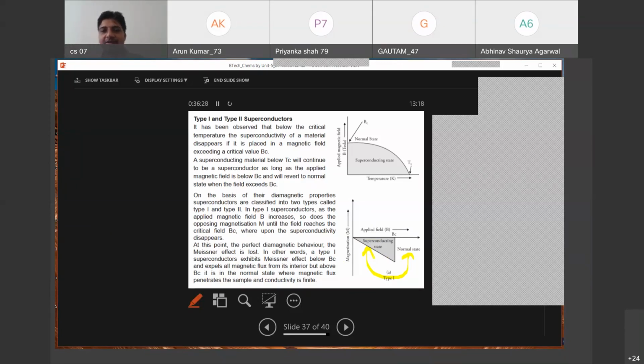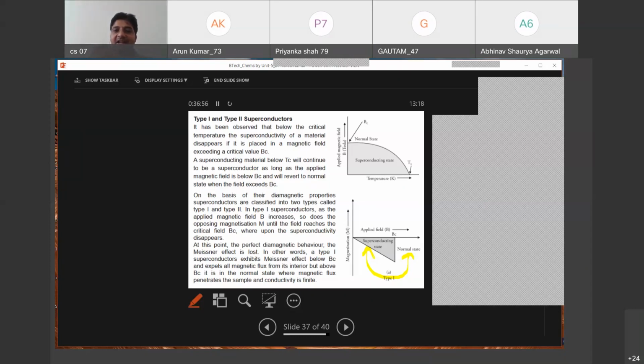This means that in type 2 superconductors an intermediate state is formed. When we are moving from superconducting state to normal state, we have a formation of an intermediate, transition state, and that state has features of both the superconducting state and the normal state.